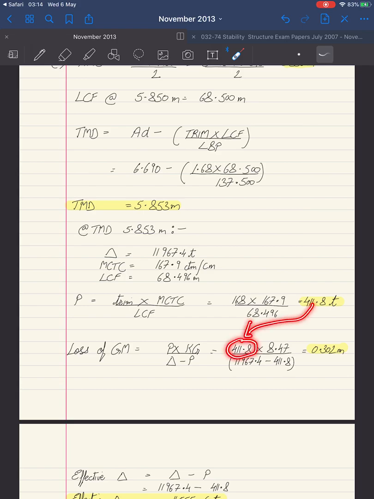The KG was given in the question, which is 8.47 meters. The displacement of the vessel we had interpolated initially and found to be 11967.4 tons. When we solve this equation, we find the loss of GM to be 0.302 meters.